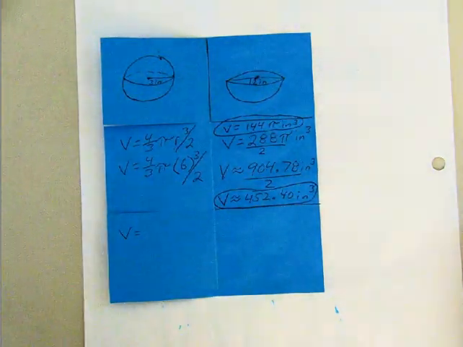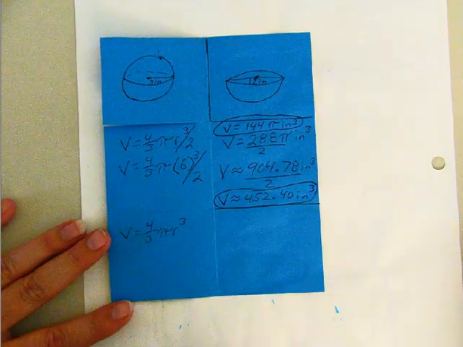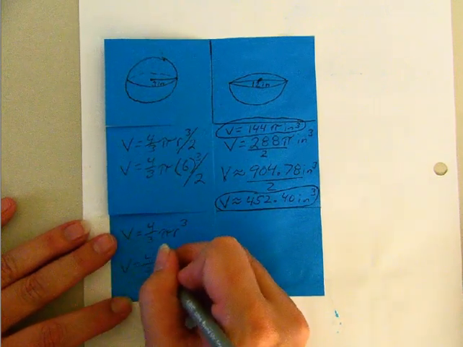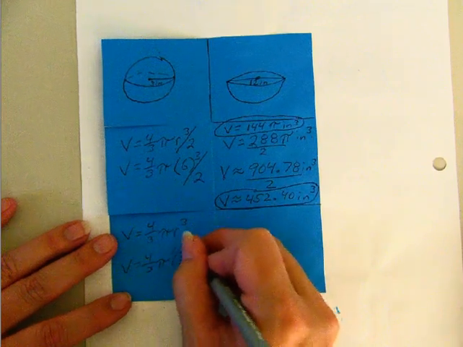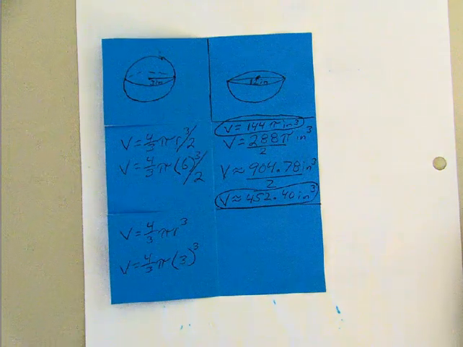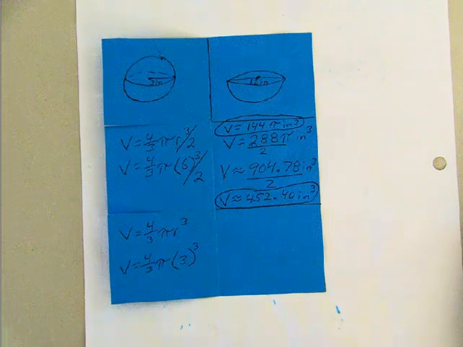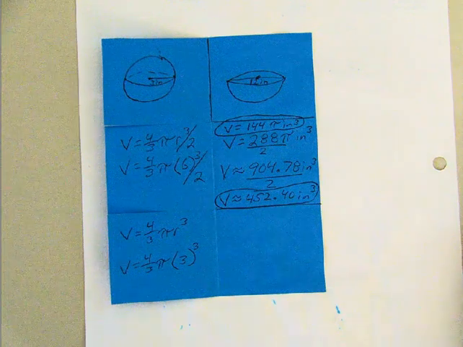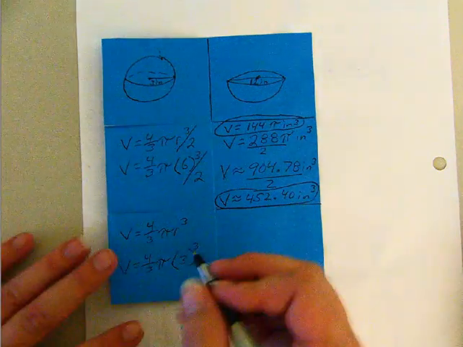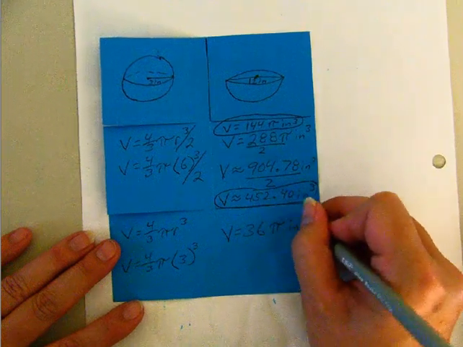Okay, so then moving on to our sphere, now we're just going to do 4/3 pi r cubed. For this one, our r is 3, so 3 cubed. Now we're going to plug that into our calculator and do 4/3 times 3 cubed, no pi this time, and I get 36. So I get V equals 36 pi, and that's going to be inches cubed.